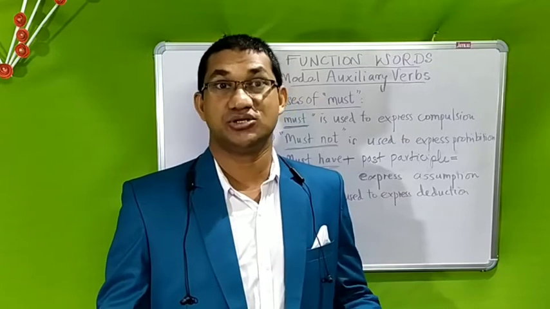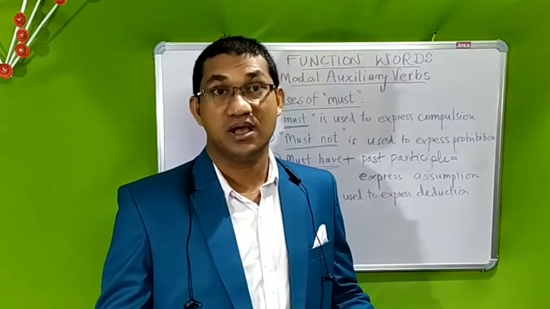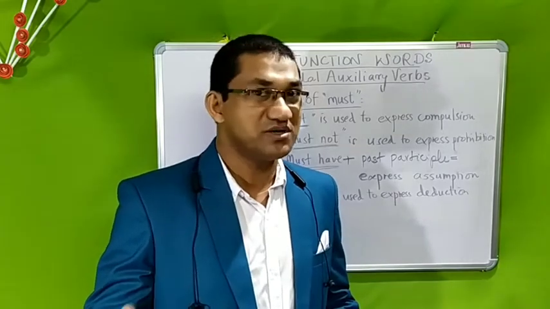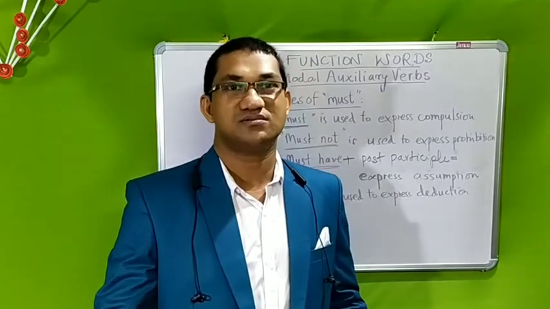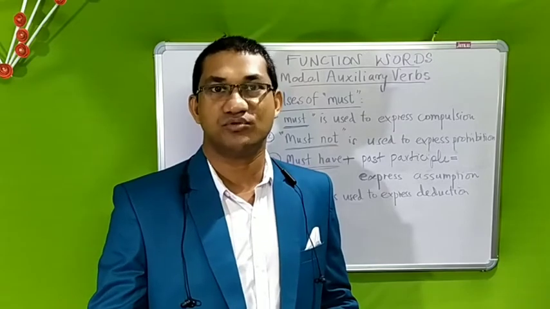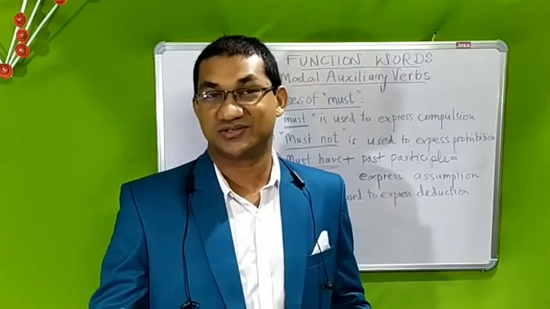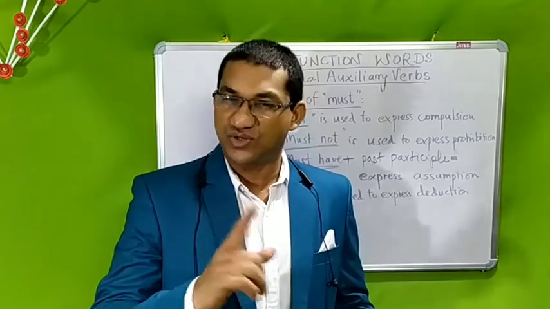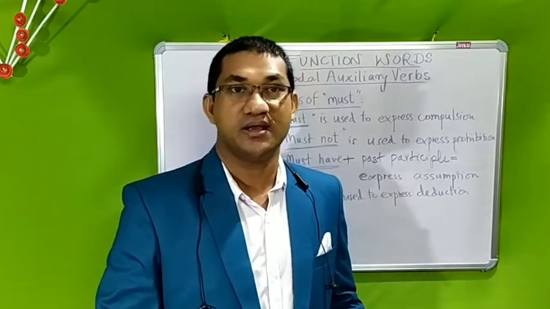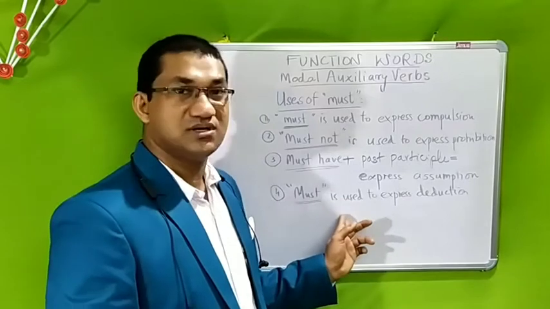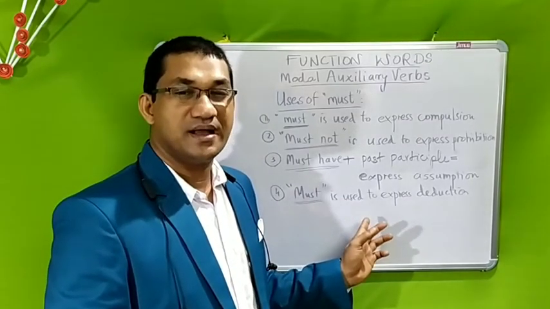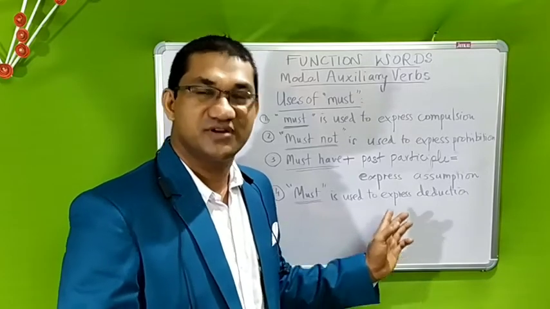You are just guessing who it could be, and you say, this must be the librarian. You asked the librarian to bring you some books, and you are just deducing, speculating that yes, this must be the librarian. So we have must to express some kind of deduction.